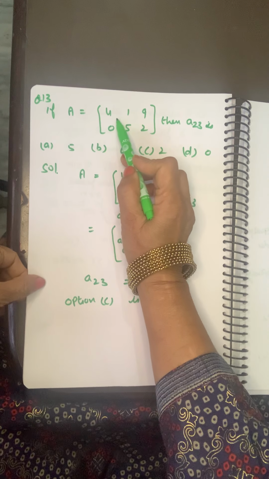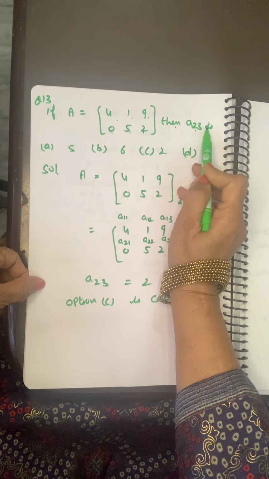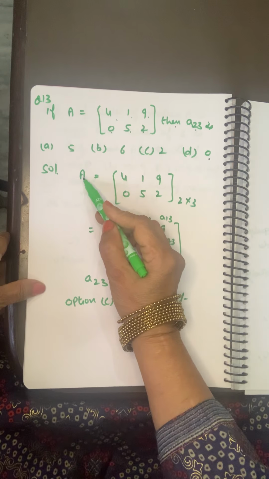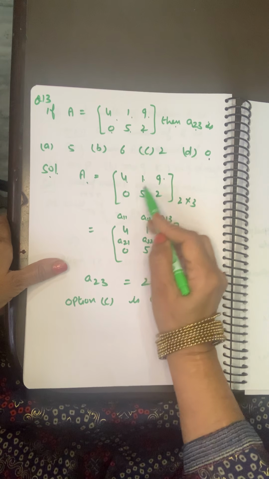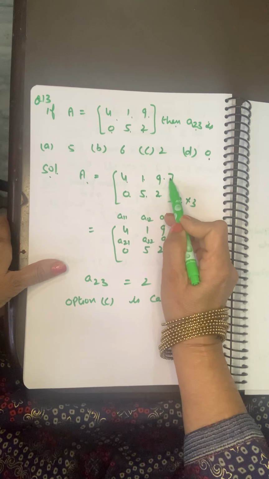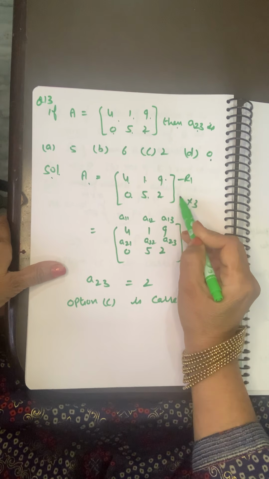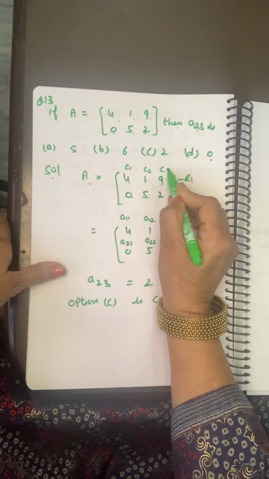If A equals the matrix 4, 1, 9, 0, 5, 2, then find A23. Again 4 options are given. We have A equal to the matrix 4, 1, 9, 0, 5, 2. Here the rows are R1 and R2, and the columns are C1, C2 and C3.